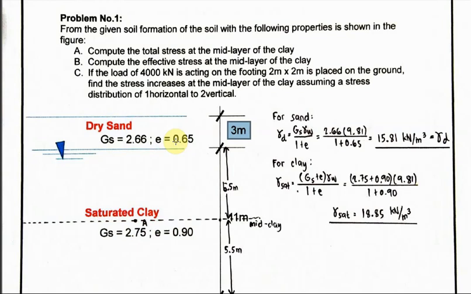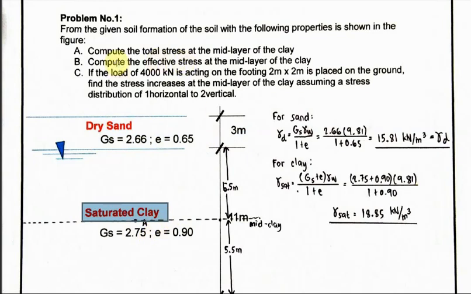The unit weight is not given here, therefore we are going to calculate it using the given properties. We also have the saturated clay, with its specific gravity and void ratio also given.